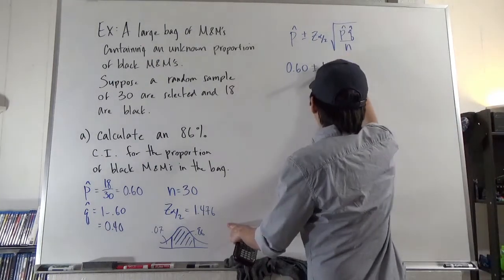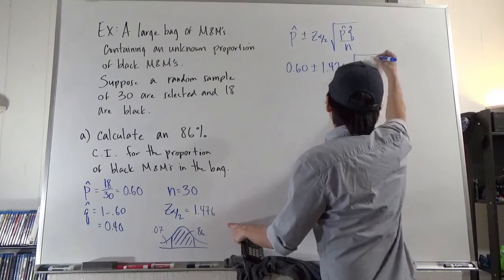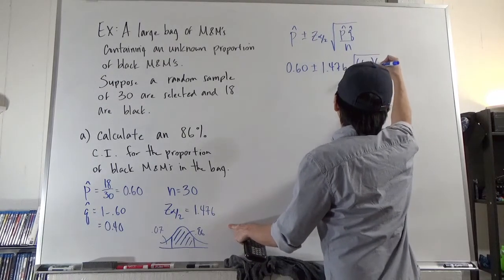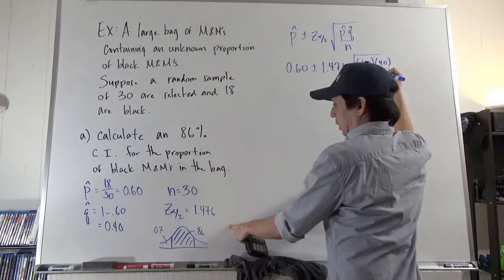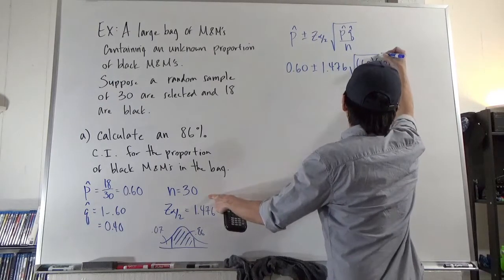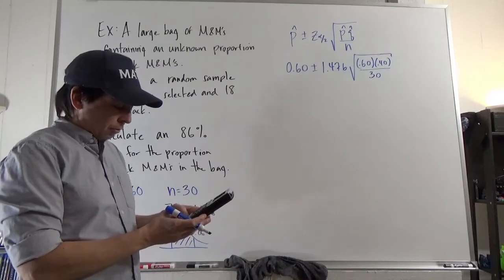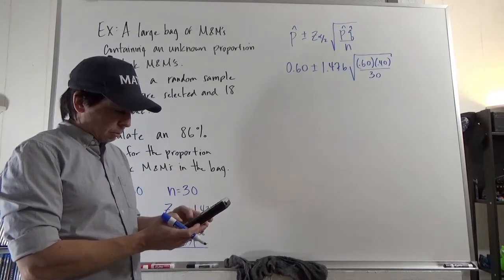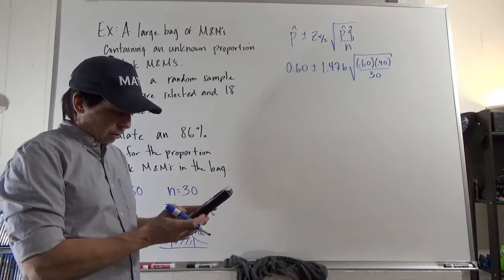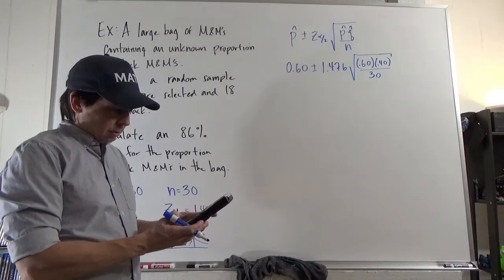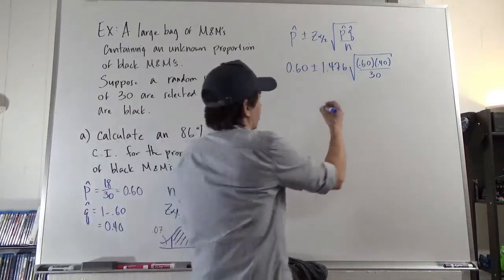Okay, my z is 1.476, square root of 0.60 times 0.40 divided by 30. Let me do this real quick. I'm going to do 1.476 times the square root of, etc., etc. I got 0.132.